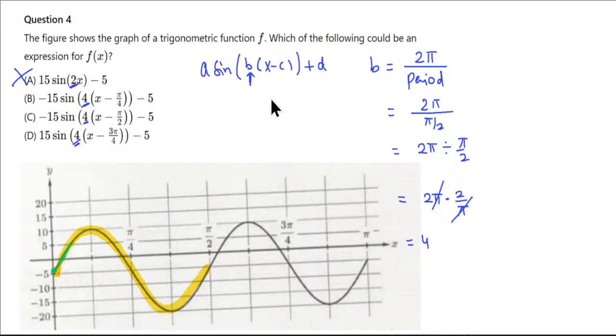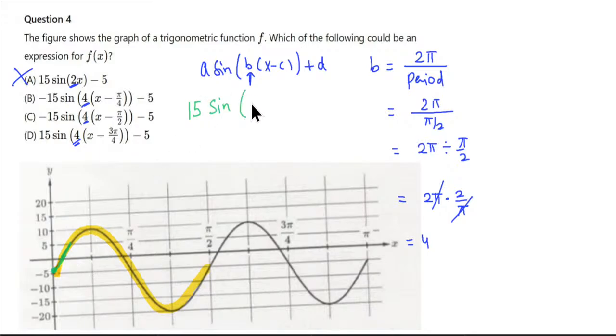So the easiest way to write the sinusoidal function would have been if a is just 15. Why 15? Why not -15? Because it's going up, so it should be positive.